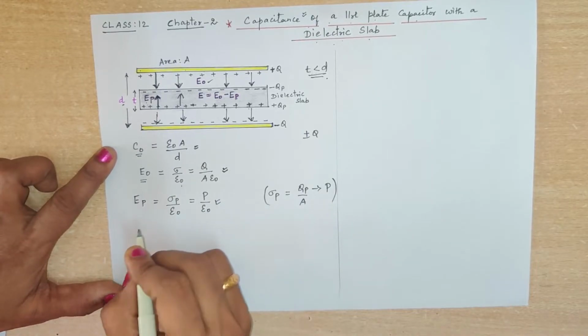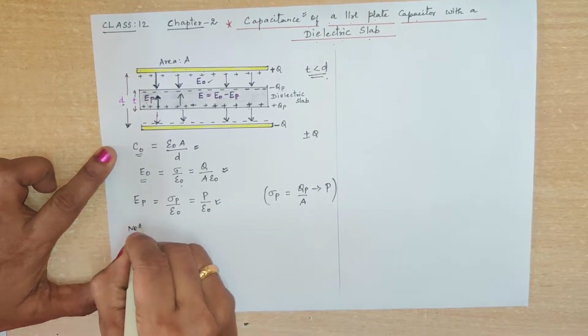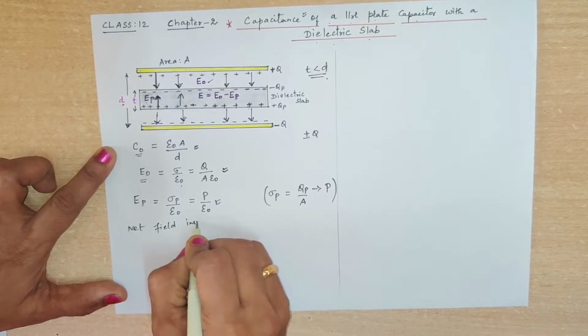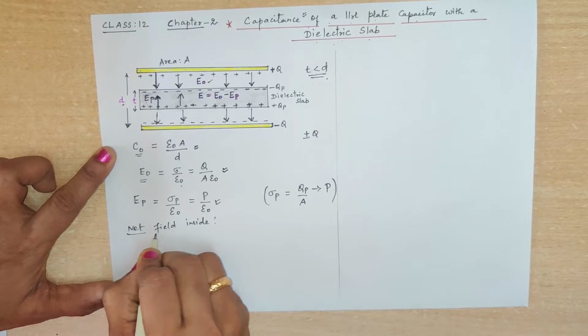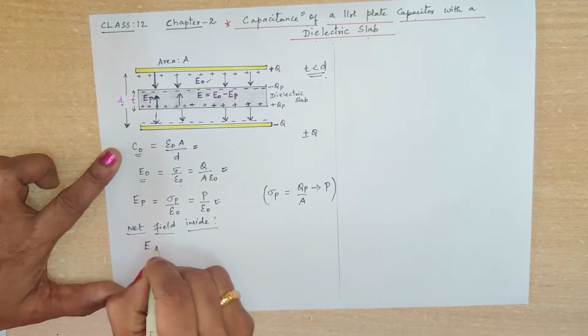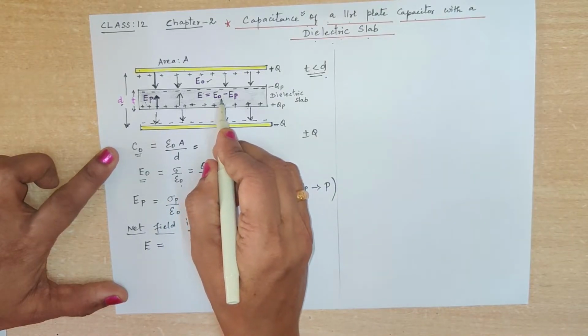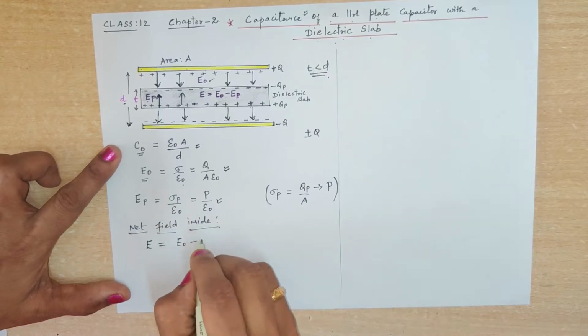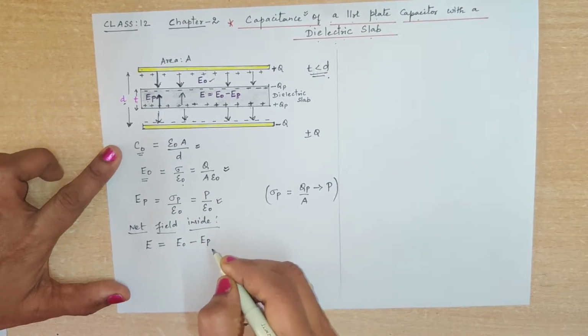And what is the net field inside? If two fields are there, what is the net field inside? Net field is equal to E, which we have written already in the diagram, that is E naught minus EP.